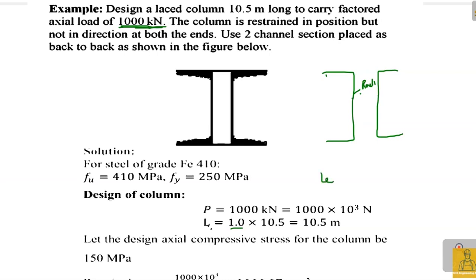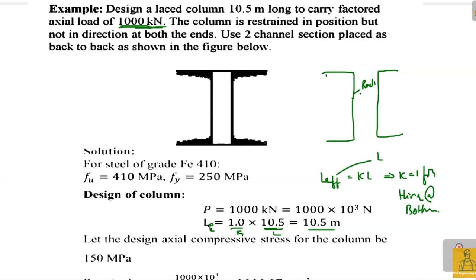See, effective length is equals to KL, where K is equals to 1 for hinged at both ends. So therefore effective length will be equals to simply L. So that is why effective length is K into length L, which equals to 10.5 meter.